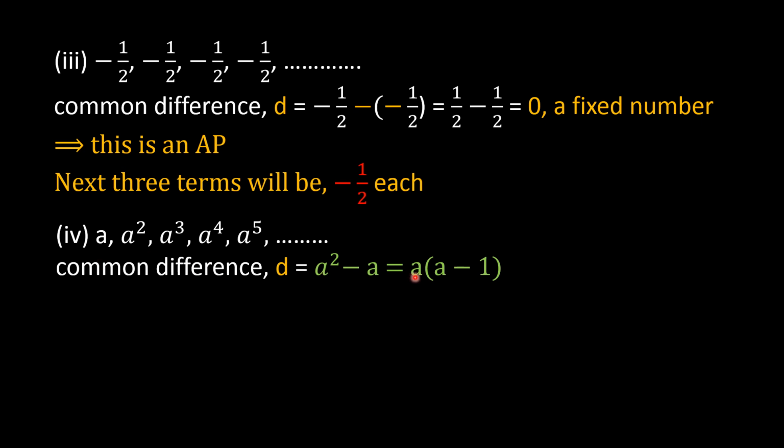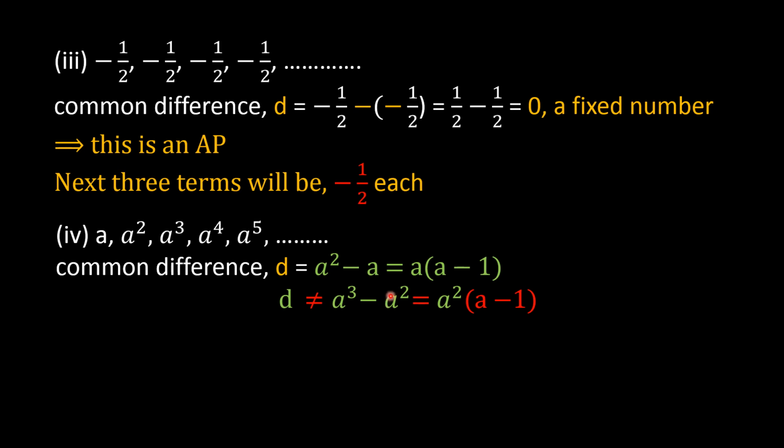If we take a as the common factor, then we get a multiplied by a minus 1. So that is our first common difference. Again, by using the second and the third term, we get d equals a cube minus a squared.